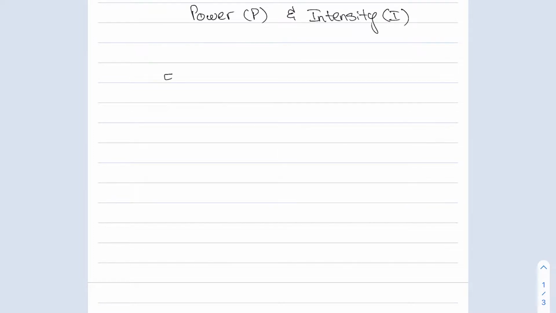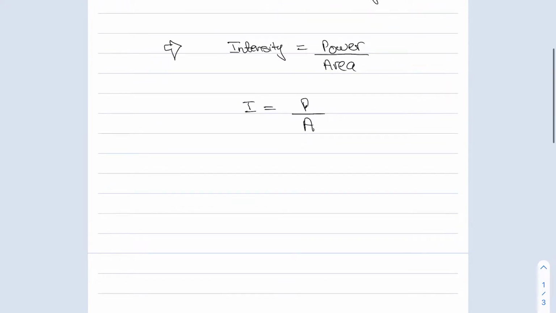That equation is intensity equals power over area, right? Now if I replace these names with symbols, I'll write I equals P over A, right? Forgive me for my horrible writing. I equals P over A.